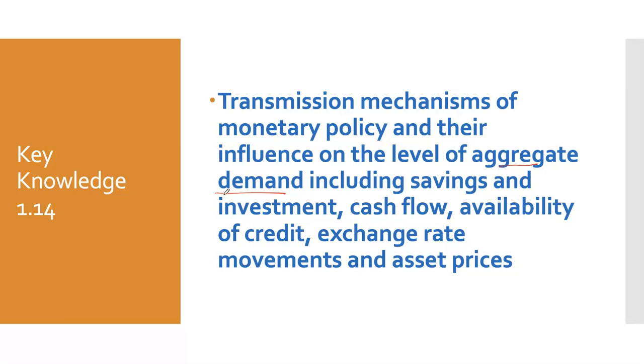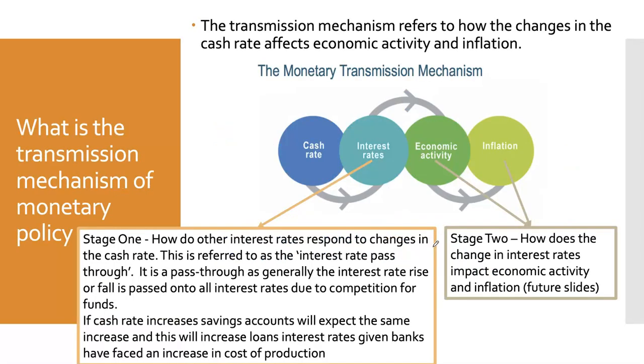And we're going to look at 5 ways that this occurs, and this includes savings and investment, cash flow, availability of credit, exchange rates, and asset prices. And these are all influenced by the cash rate changing, and these all influence aggregate demand and inflation.